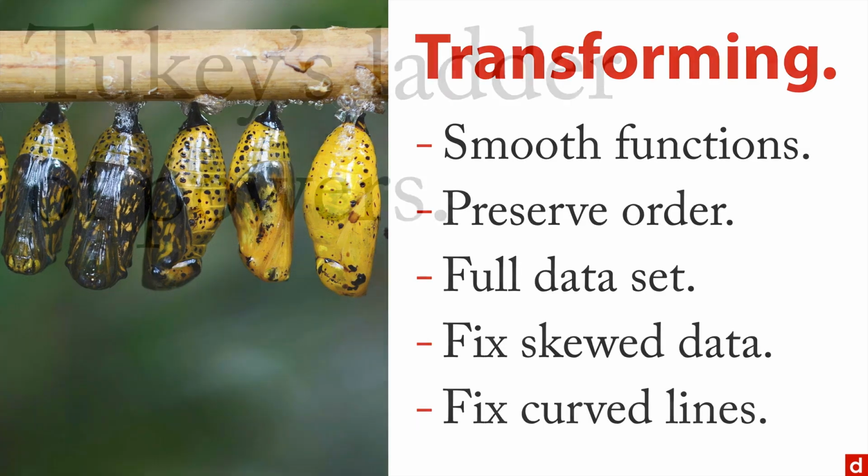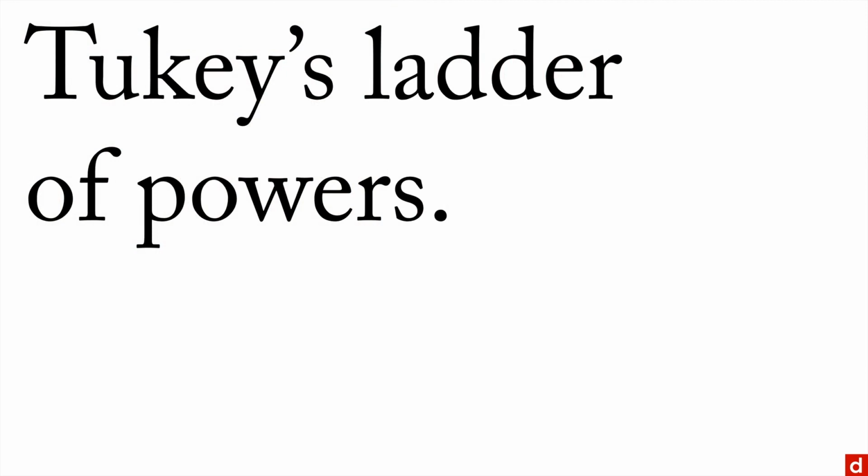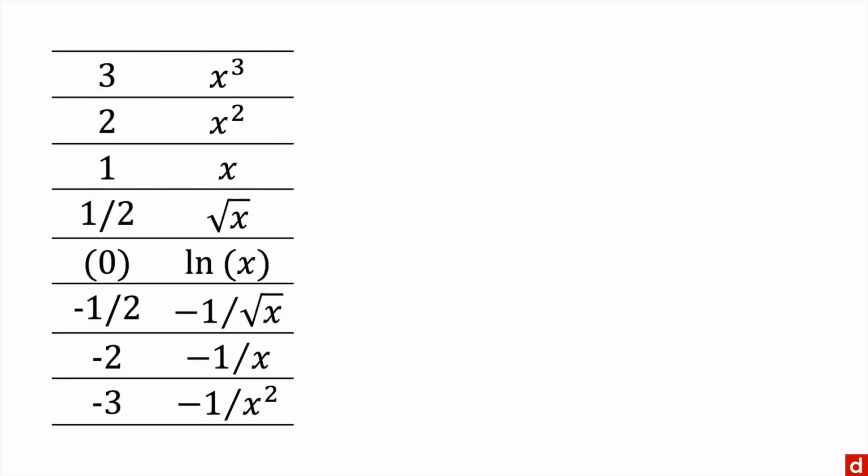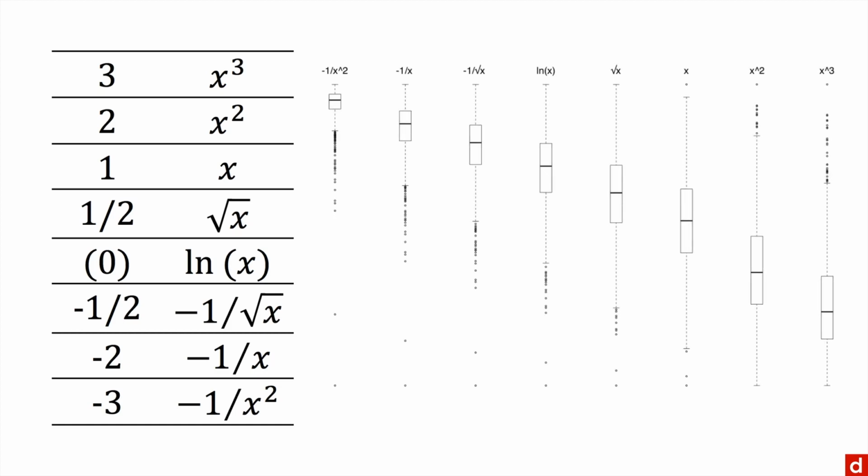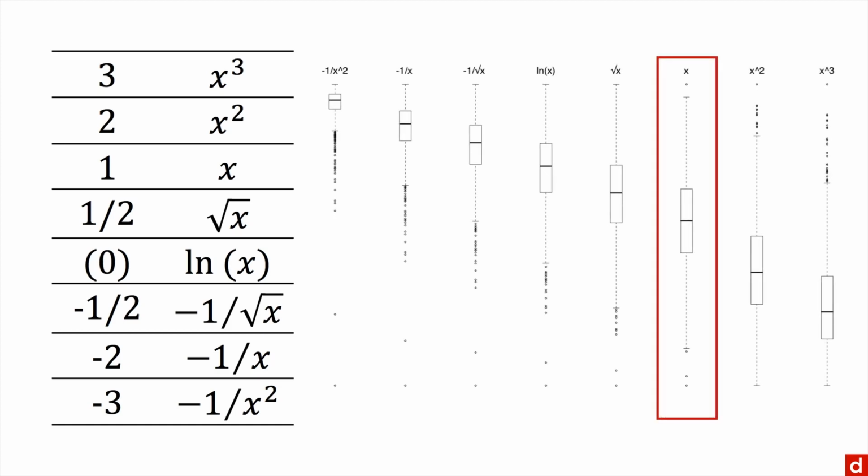And probably the best way to look at this is with something called Tukey's ladder of powers. I mentioned before John Tukey, the father of exploratory data analysis. He talked a lot about transformations. This is his ladder, starting at the bottom with the -1 over x squared up to the top with his x cubed. And here's how it works. This distribution over here is a symmetrical, normally distributed variable.